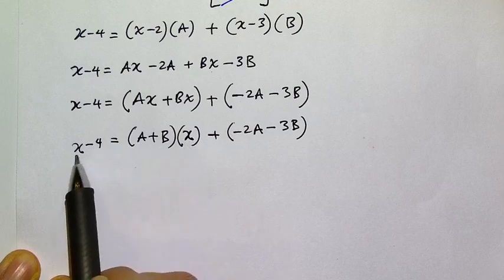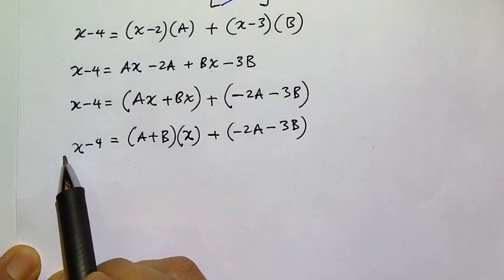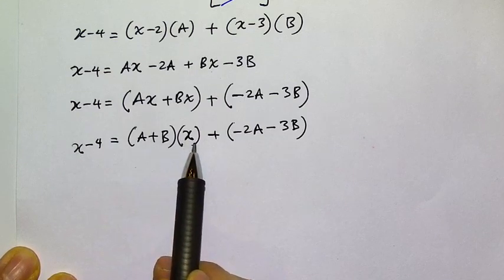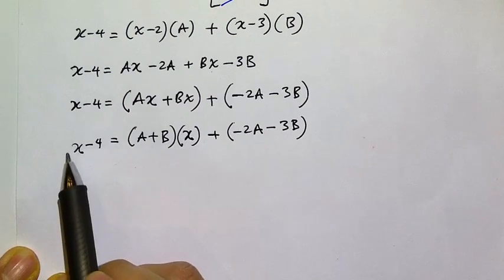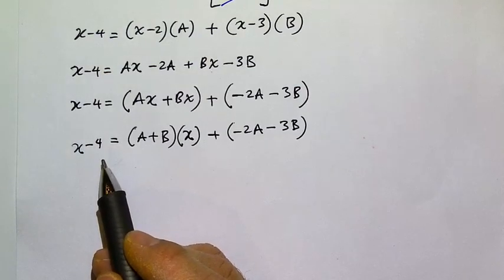Because we have x, but the coefficient of the x on the left side is positive 1, right? So if the left side is to be equal to the right side, a plus b cannot be different than positive 1. So let's create a system based on that.